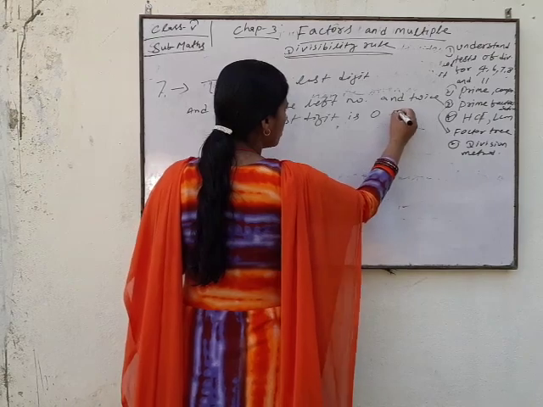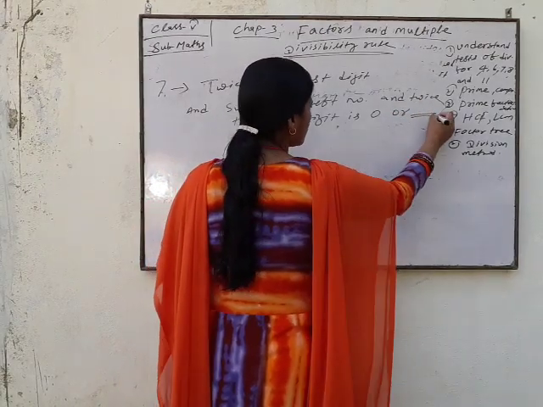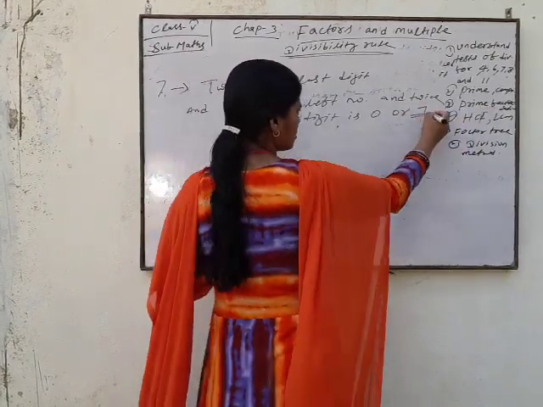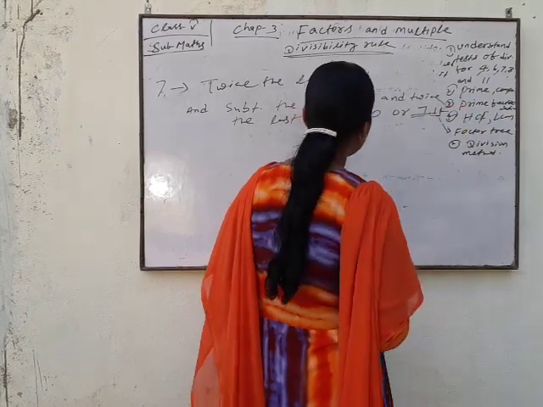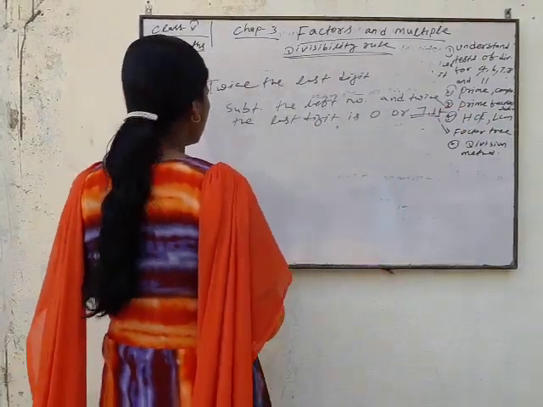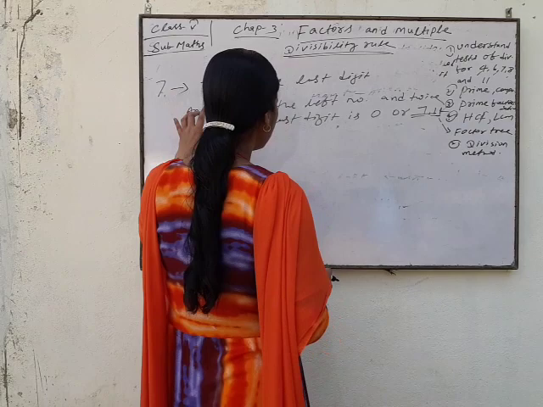If the result is 0 or a multiple of 7, the number is divisible by 7. Okay, so this is the rule for divisibility by 7.